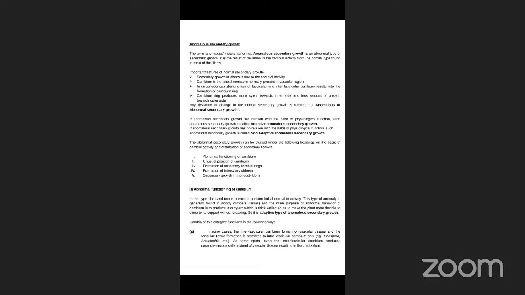Then abnormal secondary growth. Abnormal secondary growth occurs for four reasons: abnormal behavior of normal cambium, formation of accessory cambium, formation of intraxylary phloem, and secondary growth in monocots.